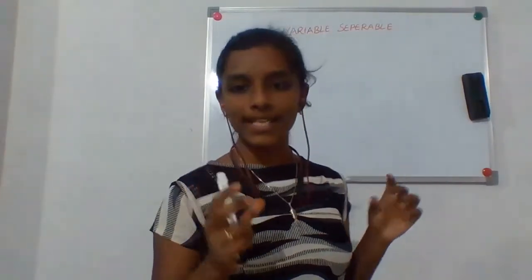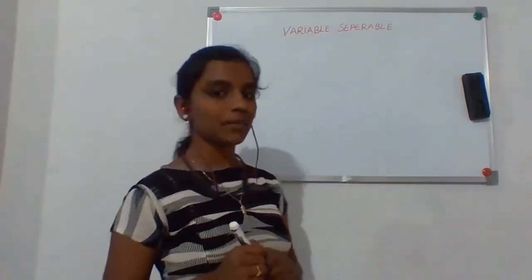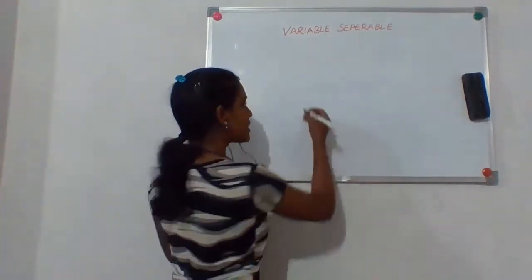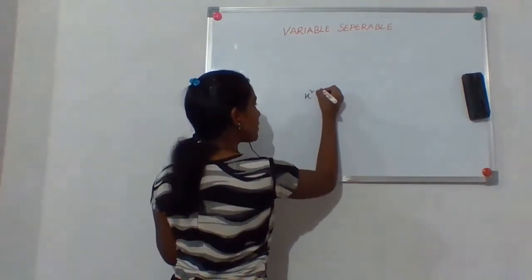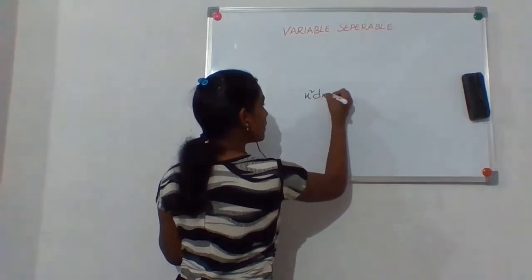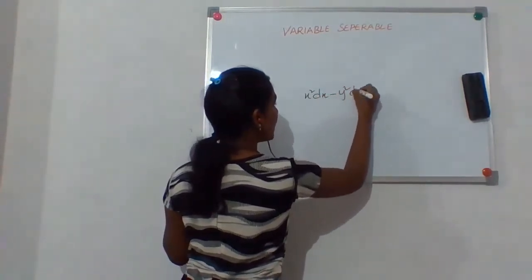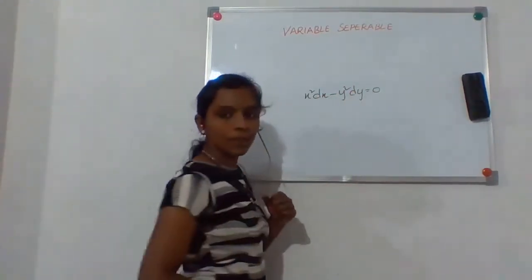Now let us discuss the variable separable method. Let us take an example problem so we'll understand more clearly. Let me take the example x square dx minus y square dy equals 0.